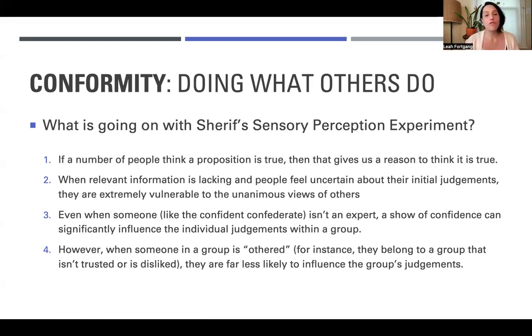Well, first of all, if a number of people think that a proposition is true, that gives everyone else reason to think so too. Say you're standing in a group of 5, and you have 4 people saying something is true. That gives you reason to think it's true, right? Because you have everybody else's information.